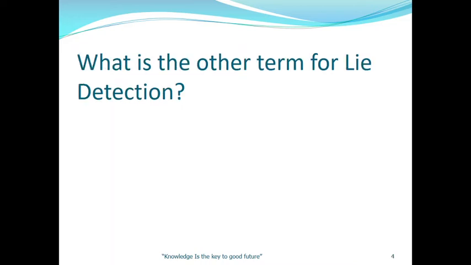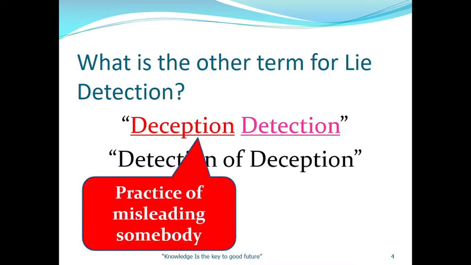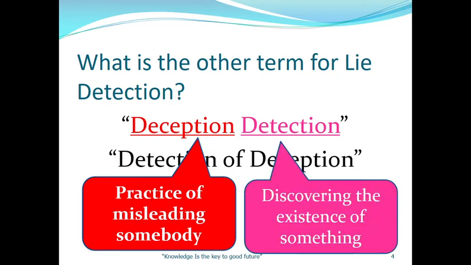What is the other term for lie detection? We have deception detection and we have detection of deception. What is deception? This is the practice of misleading somebody. You are misleading somebody. You are not telling the truth. While detection is discovering the existence of something.